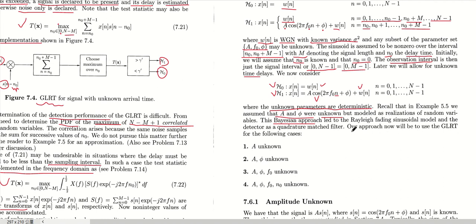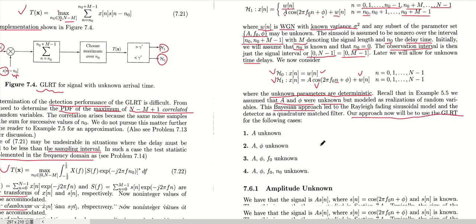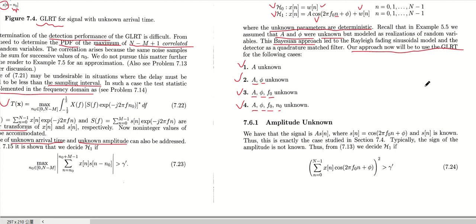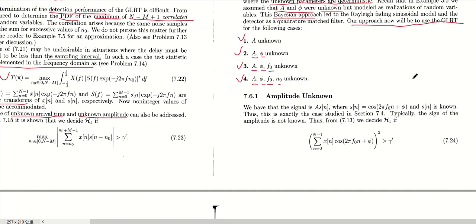But our approach assumes they are deterministic, so we will be using GLRT for some cases. First, A unknown; then A and phi unknown; A, phi and f0 unknown; and then A, phi, f0 and n0 unknown. So you have a variety of combinations of what's known and what's unknown.